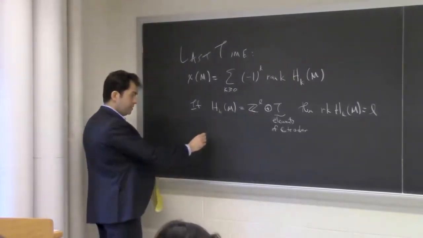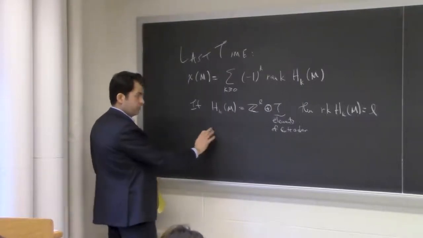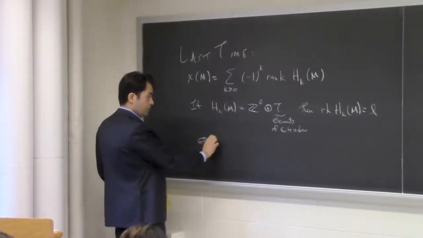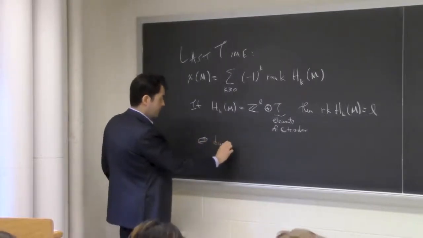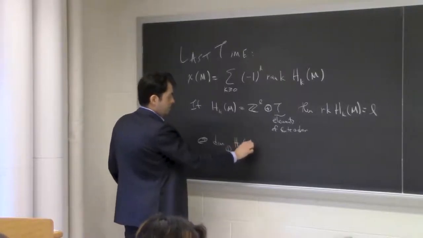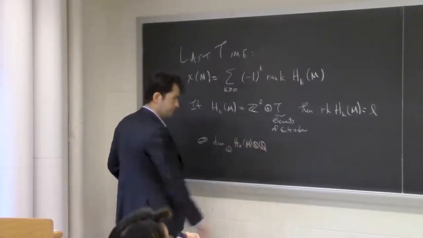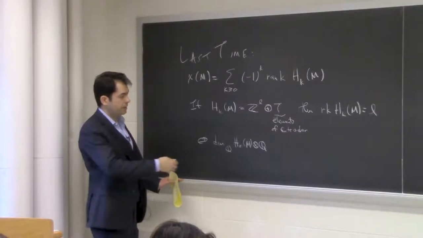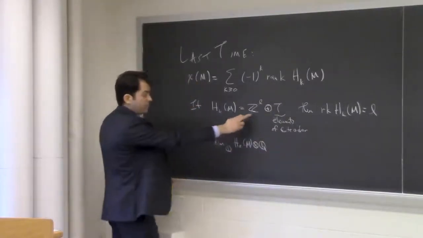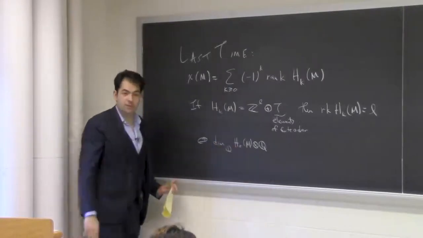Right? And indeed, it is a dimension if you tensor this. So this is equivalent to the dimension over Q of H_k(M) tensored with Q. Right? So you can get rid of all of the elements of finite order just by tensoring with Q, and then this becomes a power of Q, and you're just taking the dimension.